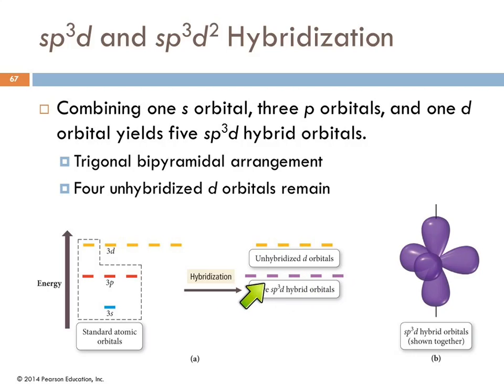We get 5 hybrid orbitals, and then we've got 4 unhybridized d orbitals. We're not going to torture you with the pictures of all the d orbitals and how they would all combine. You can imagine that that gets kind of hairy. But we end up with 5 degenerate orbitals.